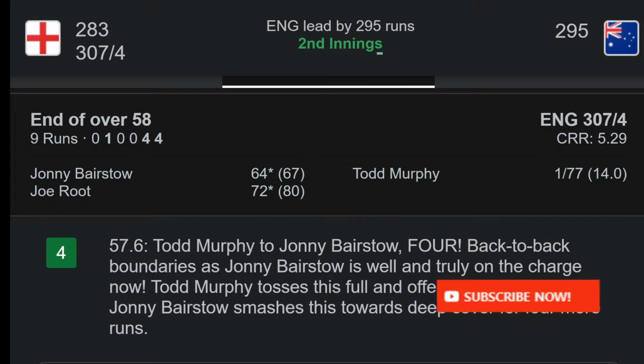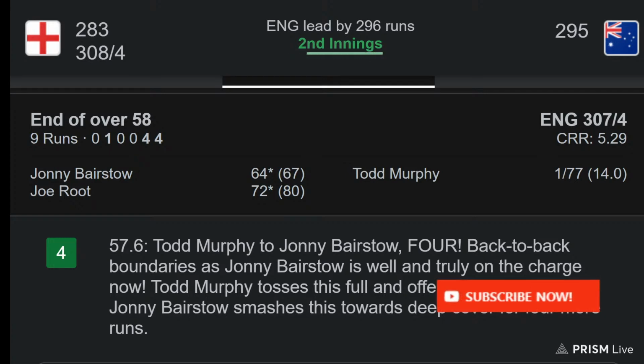Murphy to Johnny Bairstow for back-to-back boundaries as John Bairstow is well and truly on the charge now. Todd Murphy tosses this full and wide outside off. John Bairstow smashes this through deep cover for 4 more runs. So 296 runs ahead.